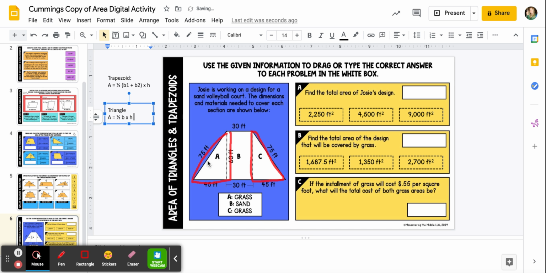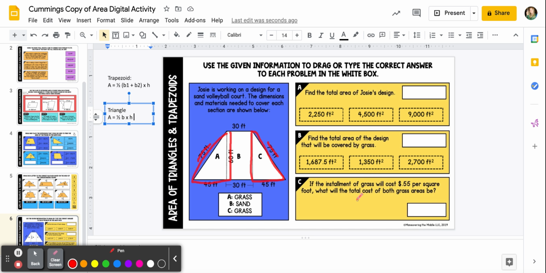For this one, this 75 will not matter, and this 75 won't matter. The 45 is a base, the 60 is a height, and over here the 45 is a base, and the 60 is a height. You don't have to do the formula twice. All you have to do is do it once, and then you can multiply it by 2, and you will get the area for B, the grass.